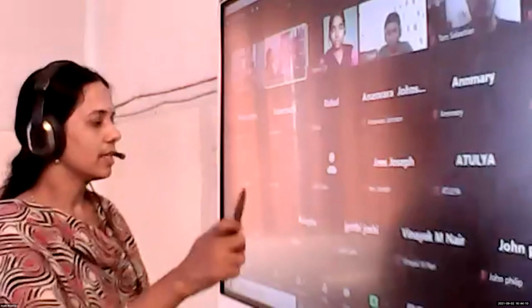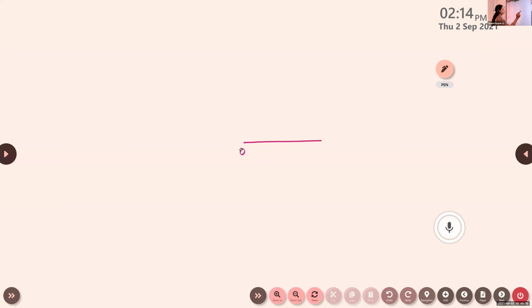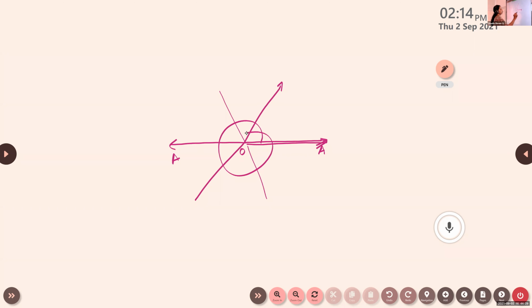Suppose this is the initial line OA. The ray moves, becomes a straight line, then moves further and finally coincides. The angle covered is 360 degrees, the full angle.